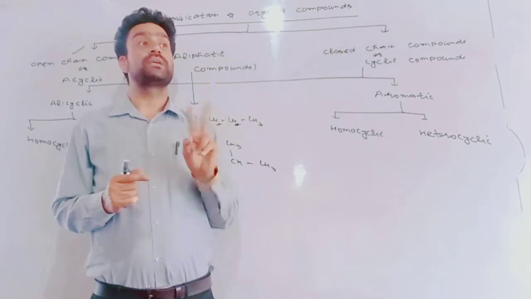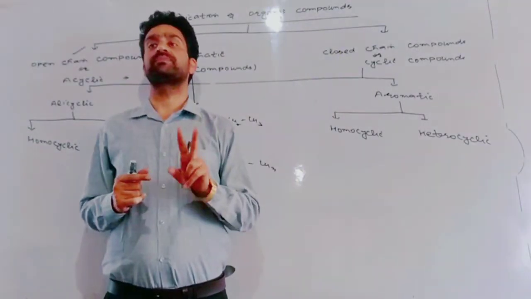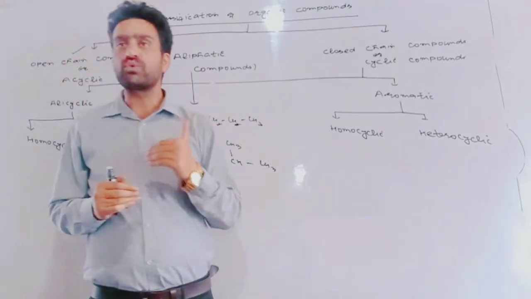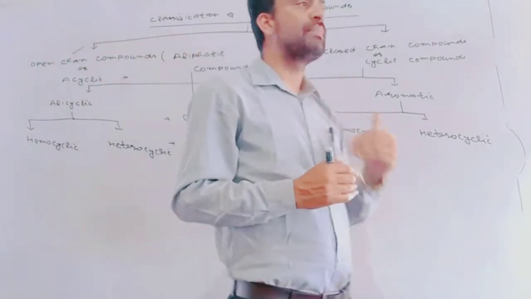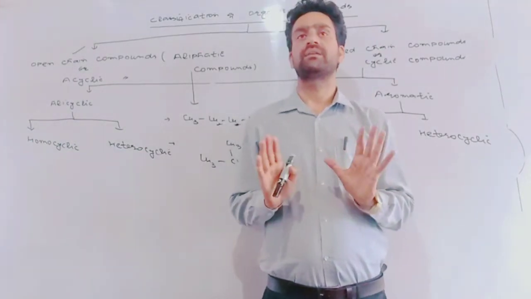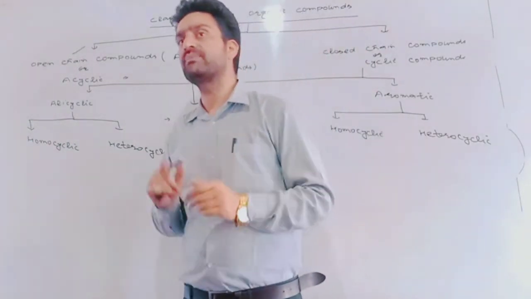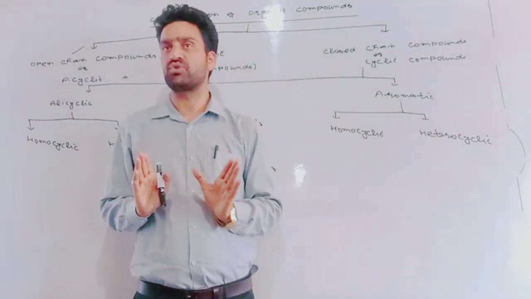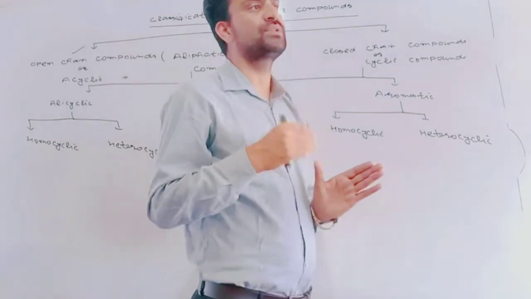Second point, each carbon of that compound must be sp2 or sp hybridized. Third point, the total number of pi electrons must obey Huckel's rule. I can say 4n plus 2 pi electrons, where n is an integer 0, 1, 2, 3, 4.